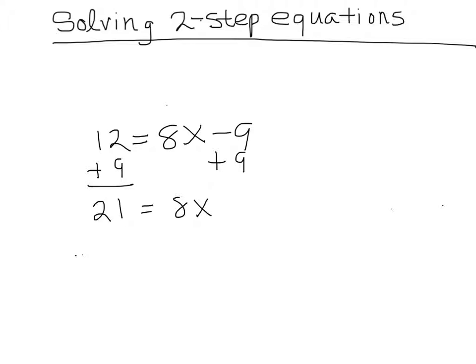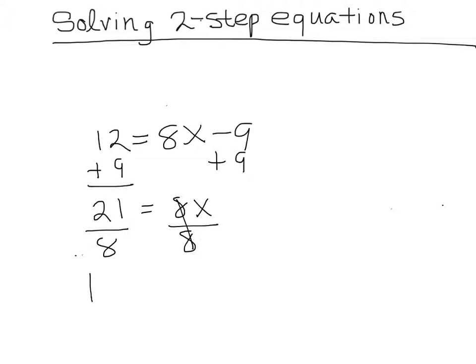Now, I can tell by looking at this that I am not going to get an integer answer. Not a positive integer, or a negative integer. But sometimes that happens. So, the same rules apply. Let's just do this. I'm going to divide by 8 to get the x by itself. And so the 8 over 8 turns into 1. And x is going to equal 21 over 8.